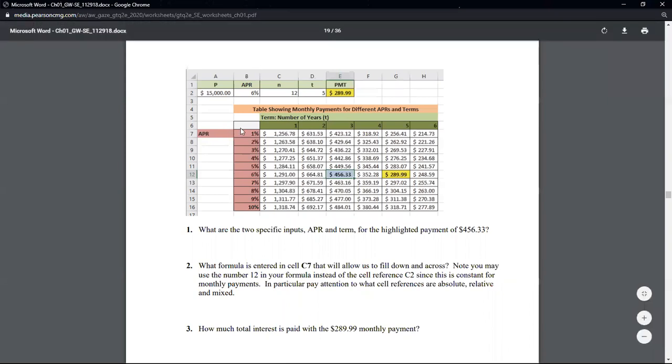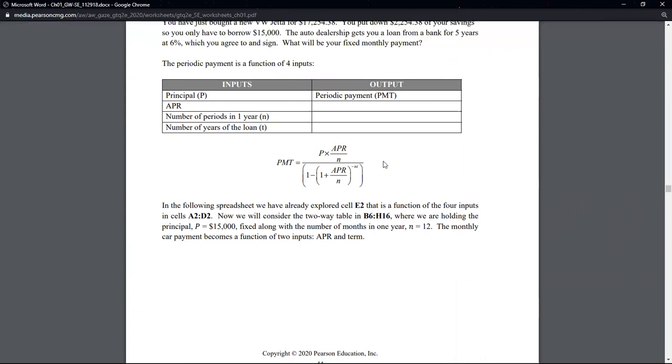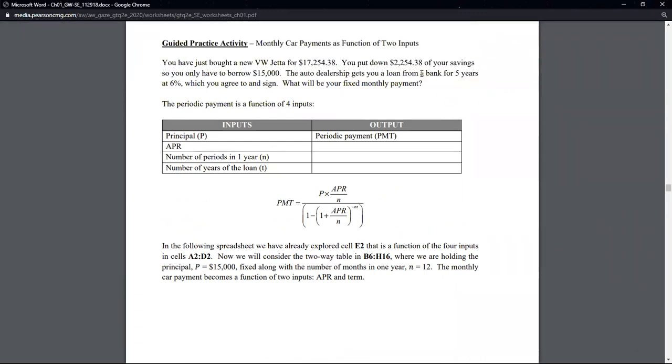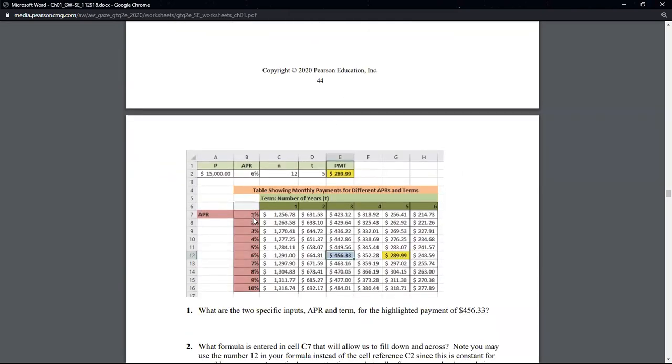So what the rest of this table does for us, it says, okay, Bob and Jane are my 2 favorite people, they got a 6% loan for 5 years on $15,000. But what if they had a better credit score and were able to get a 2% loan? Or what if they want to pay this off quicker so they get a 2-year loan? Or what if they need to take longer and get a 6-year loan?